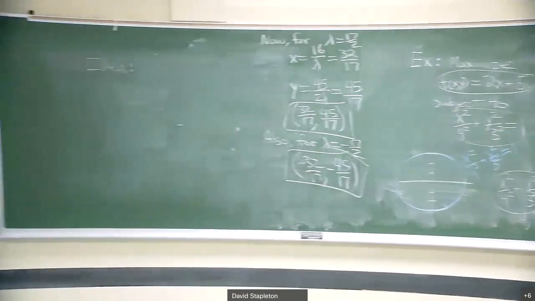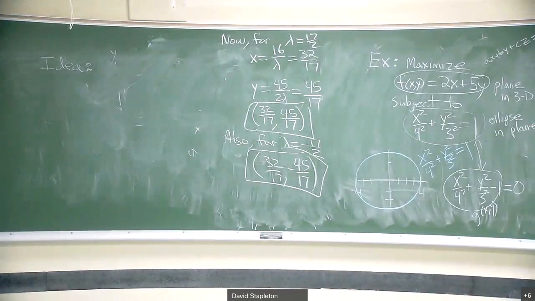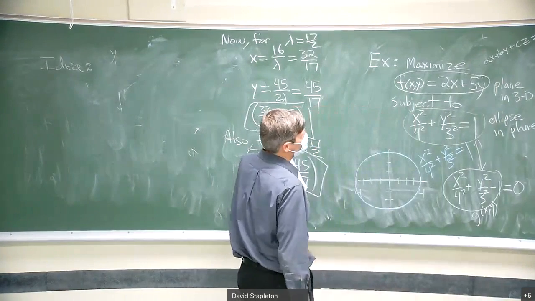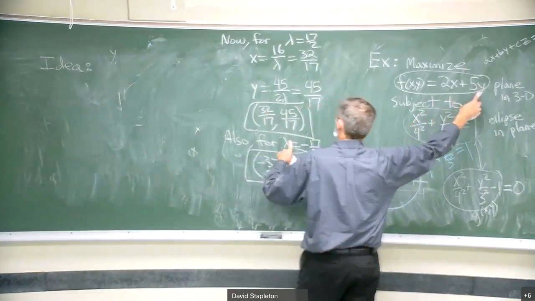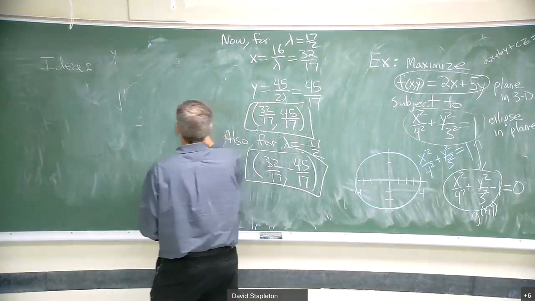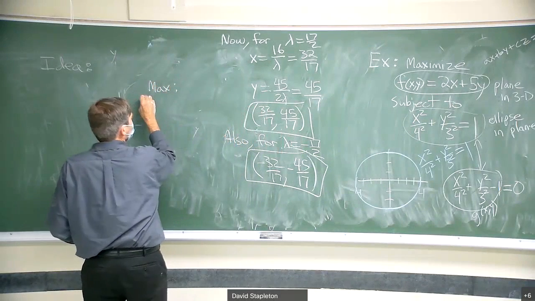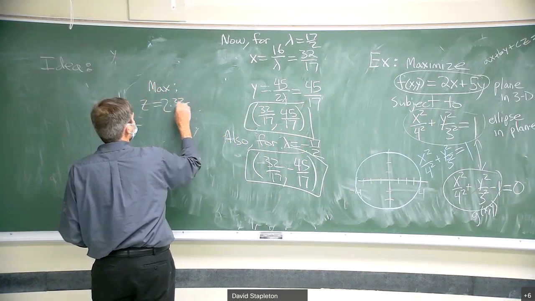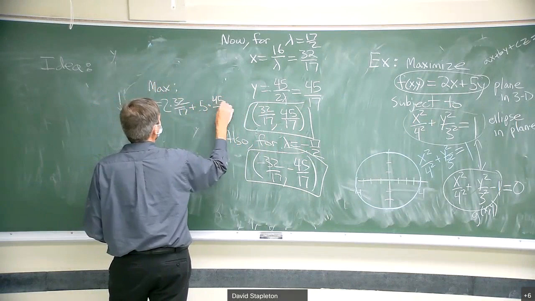You don't have to say that on your papers, but I just wanted to point out that whichever one gives the largest value is the maximum, and whichever one gives the smallest is the minimum. Well, you're maximizing 2x plus 5y, so you want these positive. So the maximum is z, if you like, equals twice 32 17ths plus 5 times 45 17ths.